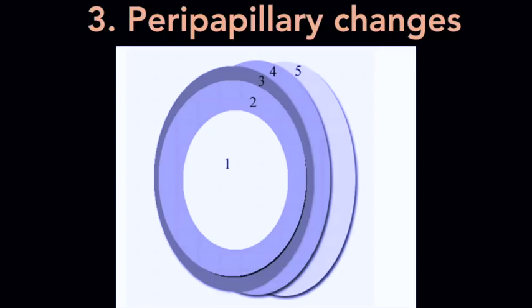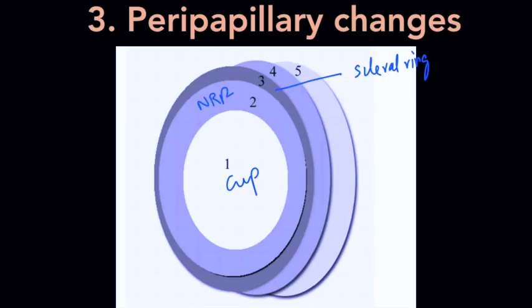So we have discussed the hemorrhages, and we discussed the RNFL defects. Now we'll talk about peripapillary changes. When I say peripapillary changes, I mean changes that happen surrounding the optic disc. Now this is the optic cup, and this is the neuroretinal rim. As we previously discussed, the demarcation of the optic disc is the scleral ring or scleral lip.